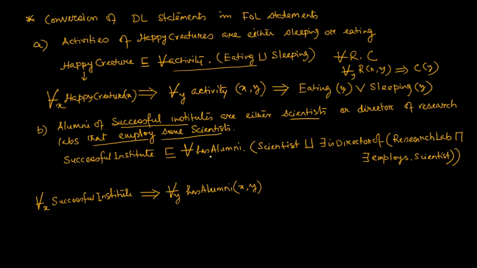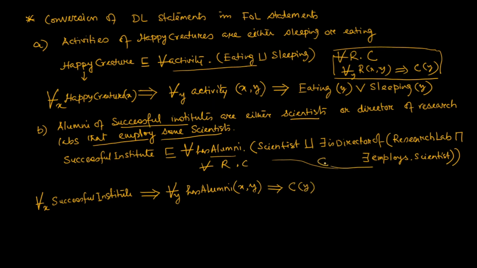So this is our R and this entire thing is our C. We have got one for all R.C, and we know how to model this for all R.C, right? So we say that has alumni implies Y belongs to C, and what is our C? Our C is this entire part, right?